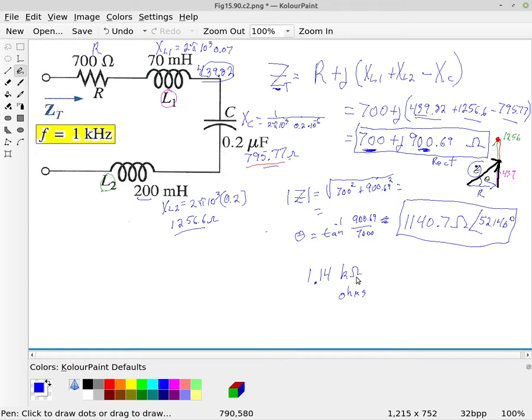All right, or you can just find the omega symbol and copy that. Okay, and then at an angle of 52.1 degrees.